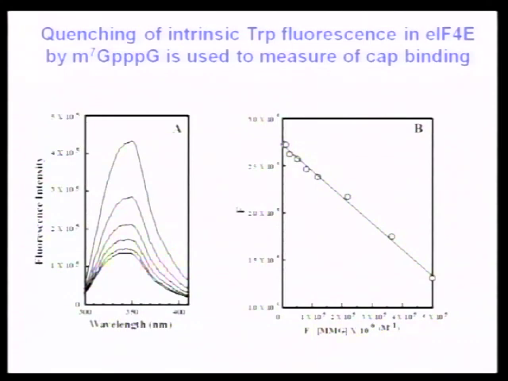So we first went into this to study what is the effect of phosphorylation of 4E on cap binding, and we wanted to use a stop flow kinetic analysis for this. Take advantage, if you remember the tryptophans in the initial slide of the cap binding pocket, when a cap analog binds to 4E, it quenches the fluorescence. And so this is titration of 4E with increasing concentrations of a cap analog, and that is a measure of cap binding.